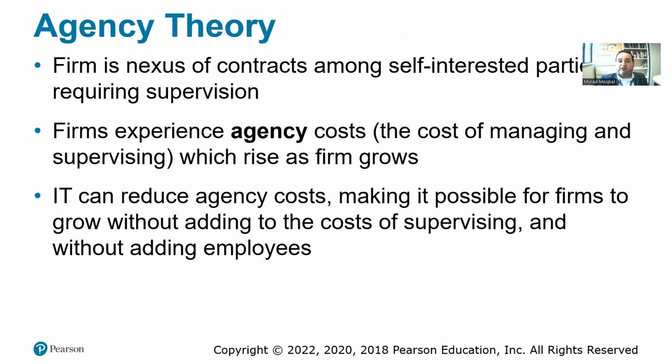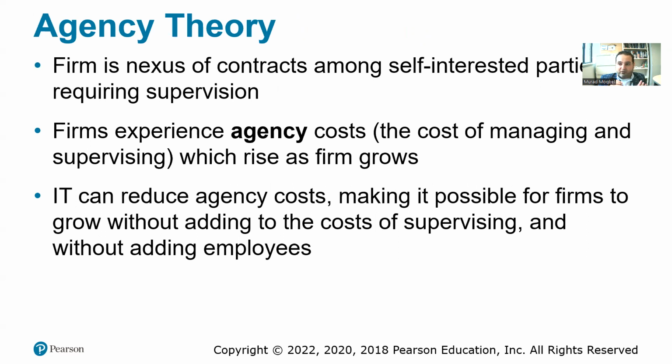So agency theory, when we think about agency, it refers to an owner who hires employees. And those employees, they are agents. In other words, they work and they perform activities on behalf of the owner of the business. So we call that agency theory.